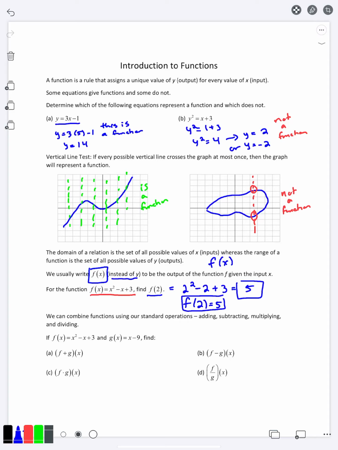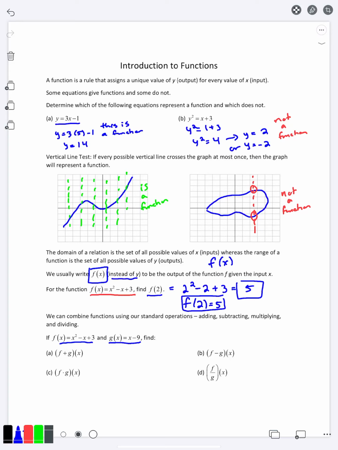Also, we're going to be able to combine different functions together using our standard four operations: add, subtract, multiply, and divide. And here's a quick example. My first function, which we call f, is the rule that says x squared minus x plus 3. And my second function, which I'm going to call g, is the rule that says x minus 9.